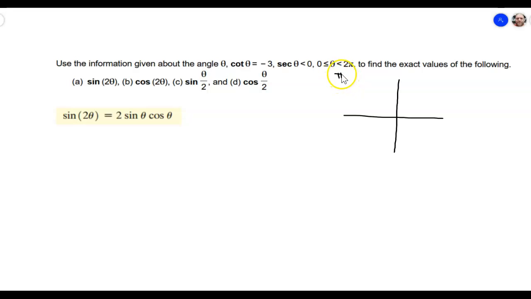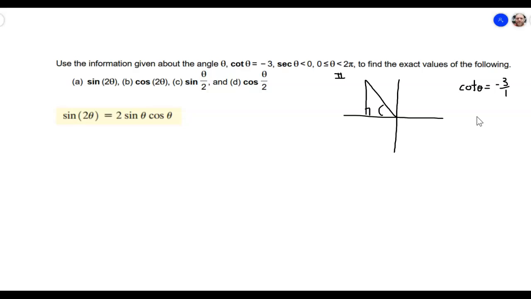So I'm going to make my triangle in the second quadrant, something like this. The angle comes out from the origin, so that's my angle theta. Cotangent of theta is equal to -3/1.